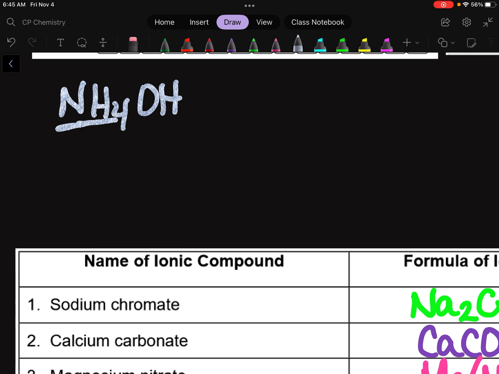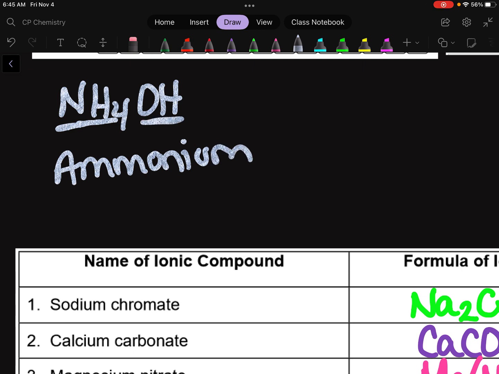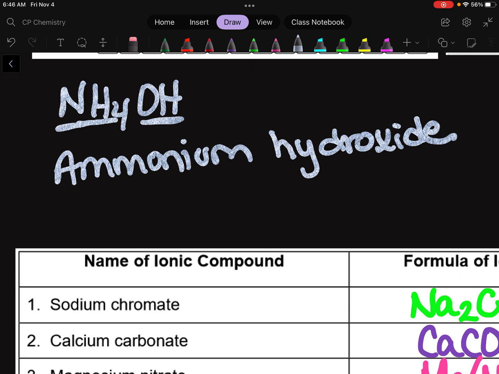Okay, so this name would be ammonium. And then behind it is OH. That's another polyatomic ion, hydroxide. Okay, so when you're identifying these, if you end up with a nitrogen first, which you should know is not a metal, it's most likely ammonium.